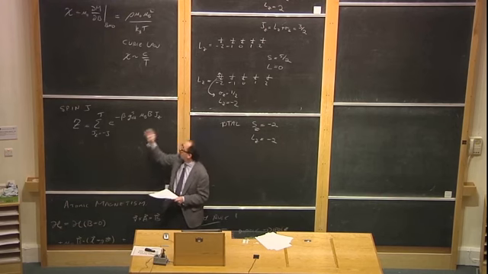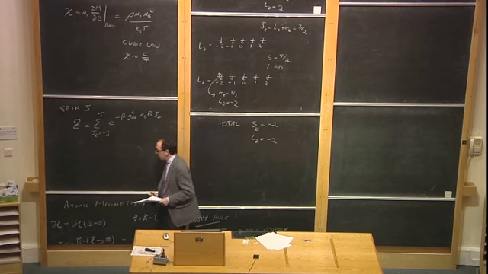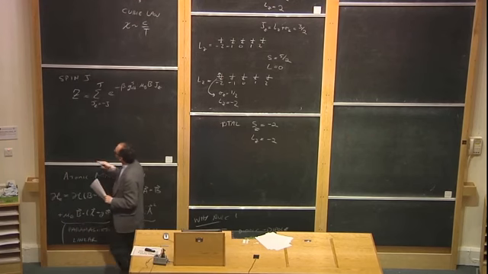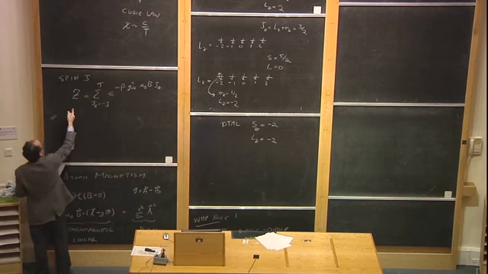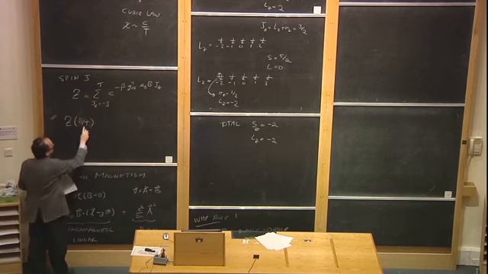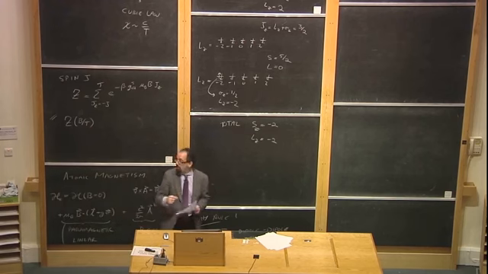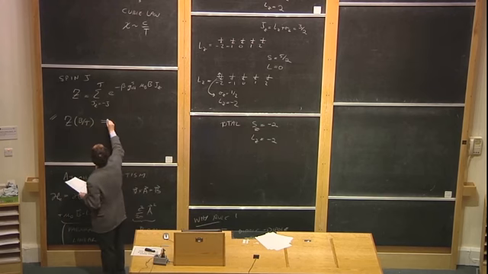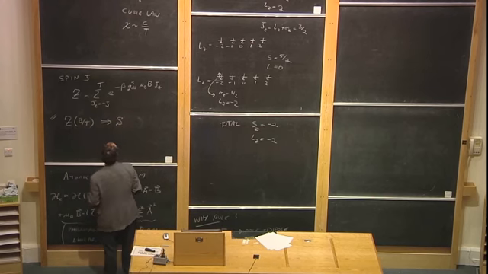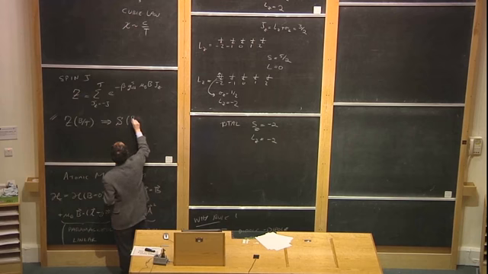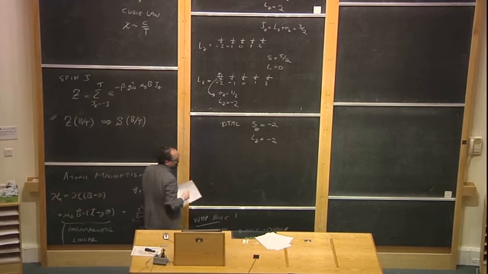Okay? Now, one thing to note along the way, which is quite important, is a little bit of an aside, is to note that this partition function is a function of B over T only. It's not a function of B and T separately. Okay? And that's actually important because it means that the entropy will also be a function of B over T only.